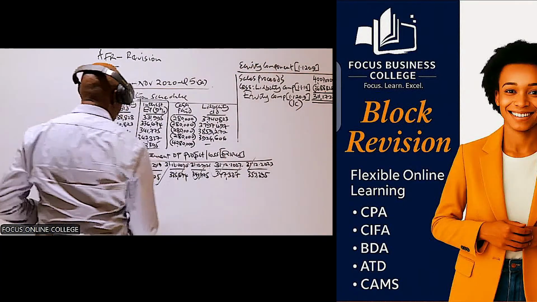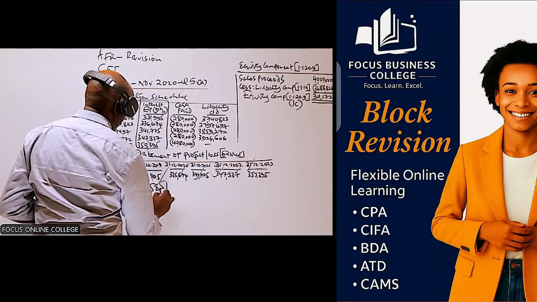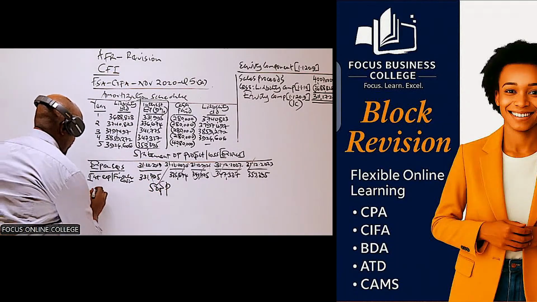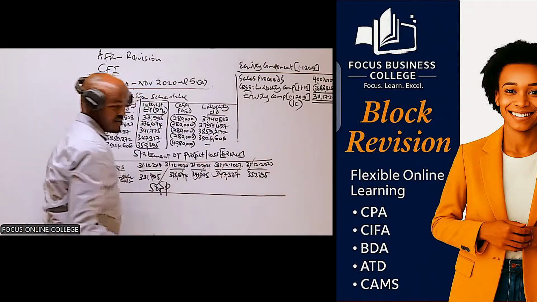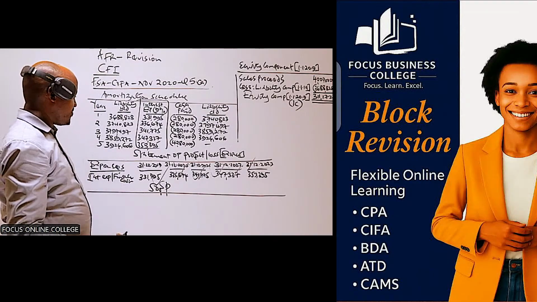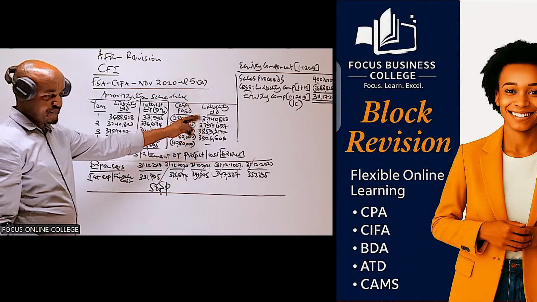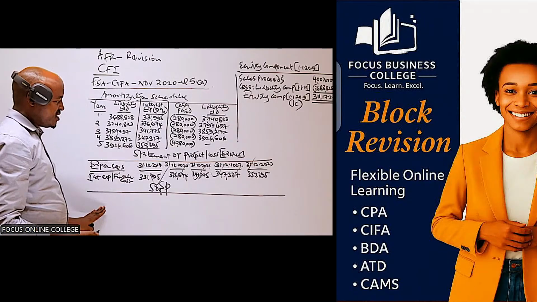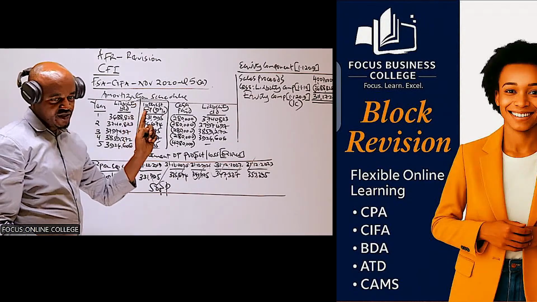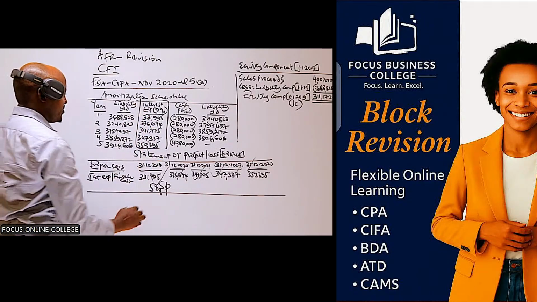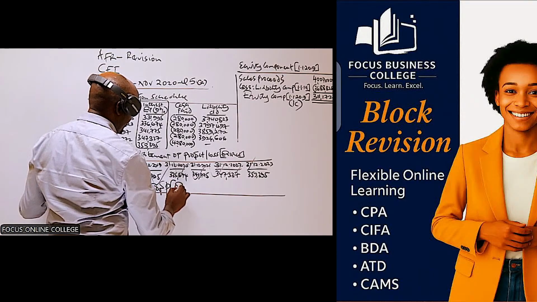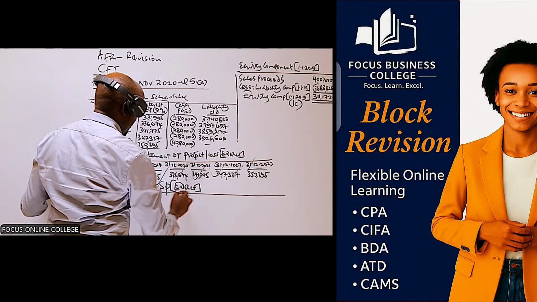What about the statement of financial position? In the statement of financial position, we say 2 items. One, we have the liability component, which should be recognized as a liability here. And then number 2, we have the equity component. So this is a statement of financial position extract.